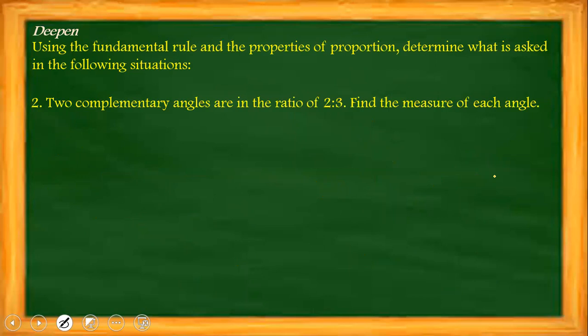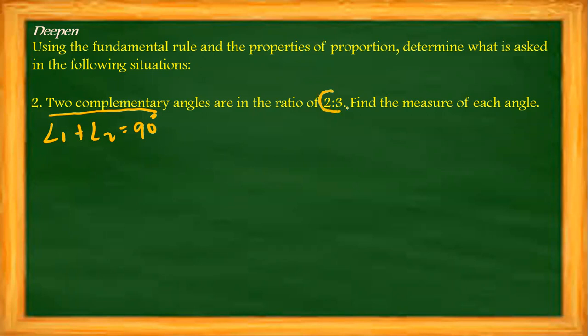Two complementary angles are in the ratio of 2 is to 3. Find the measure of each angle. When we say complementary, the sum of the two angles is equivalent to 90 degrees. Now we are looking for the two angles with a ratio of 2 is to 3 using complementary angles.